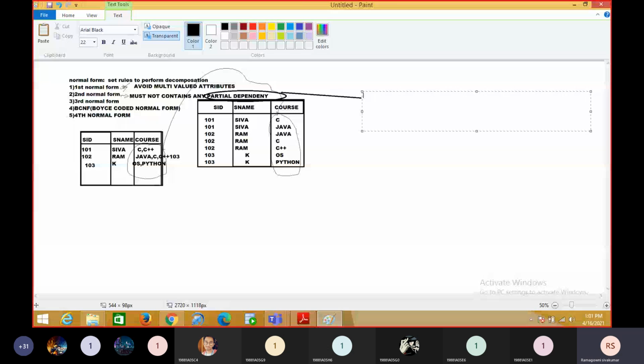I have 5 attributes. First one, student ID, student name, subject ID, subject name, address.